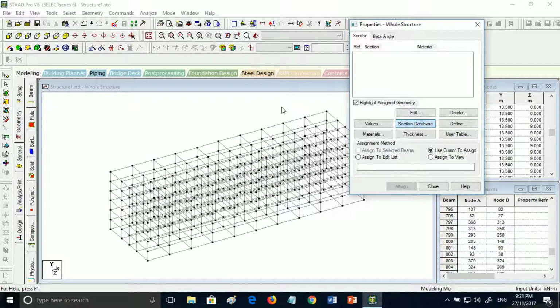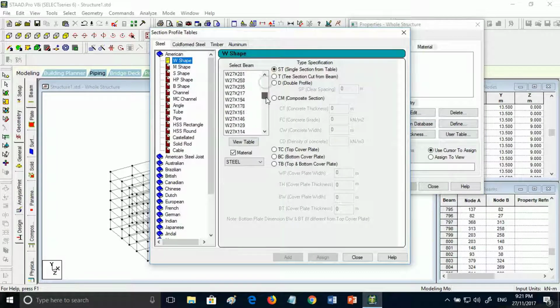After finishing constructing the building, we begin to assign the material to every beam and every column.